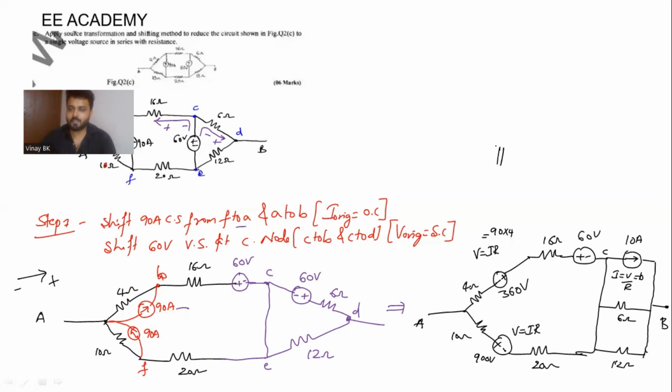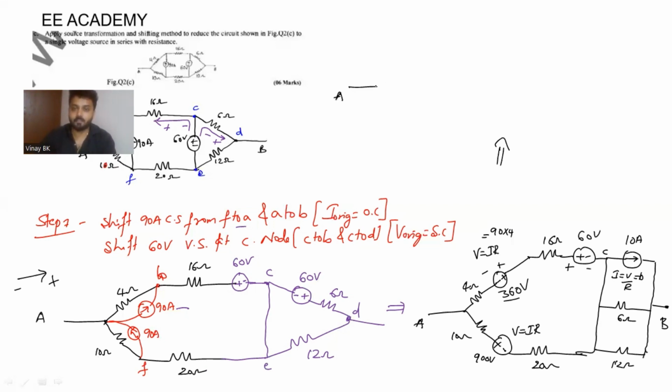So now you check here two sources which are connected in series. 360 having minus and plus, and 60 volt is having plus and minus, opposite polarity. So you can get 300 volts, 360 minus 60, and the polarity is of the highest magnitude value, that is 360 volt polarity, that is minus and plus. So it's nothing but from A here.